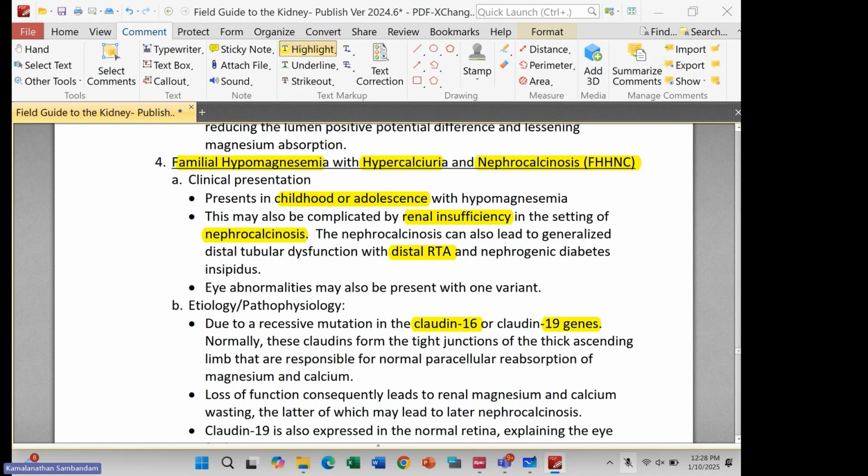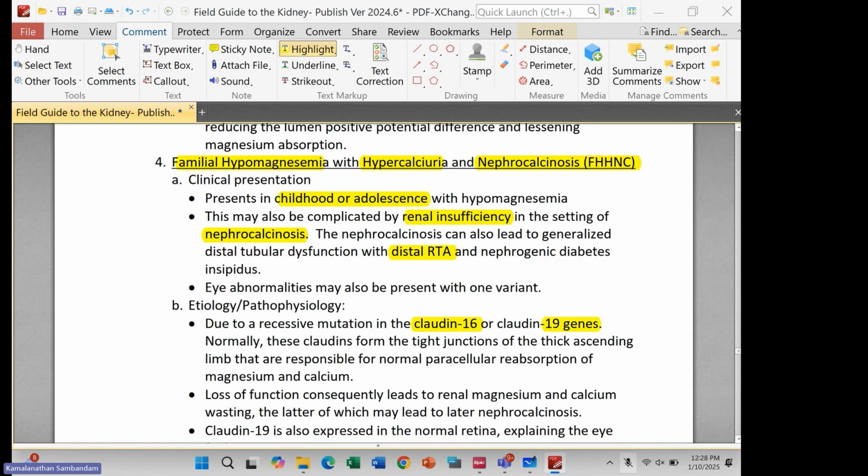So RTA can beget calcium phosphate nephrocalcinosis, right? That chronically alkaline urine can beget nephrocalcinosis, but nephrocalcinosis can also beget distal tubular transport defects, including RTA.